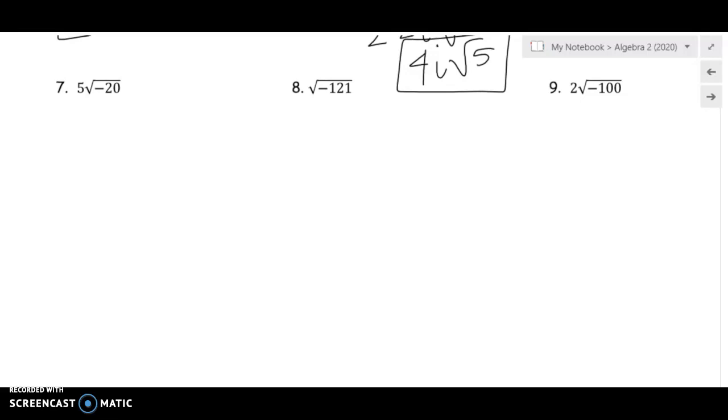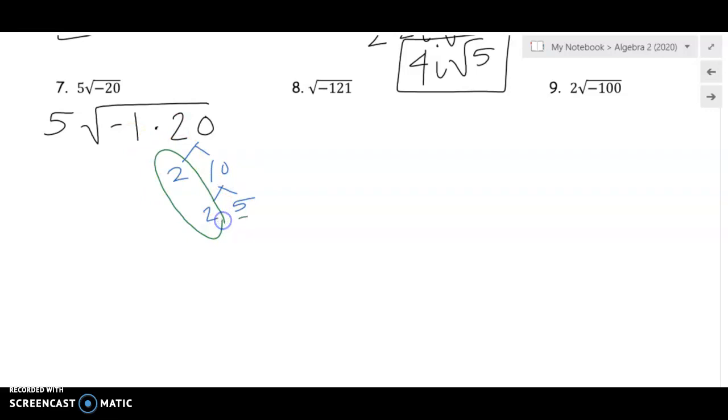Okay, just a couple more, looking a little different. 5 times root negative 20. So I have the 5 in the front, so it's just going to hang out there for a little bit. Then I have the negative, so let's take out the negative. Let's do our normal stuff. Let's branch off the 20. What multiplies to 20? I think of 2 times 10. What multiplies to 10? 2 times 5. Okay, I have a match and I have a leftover.